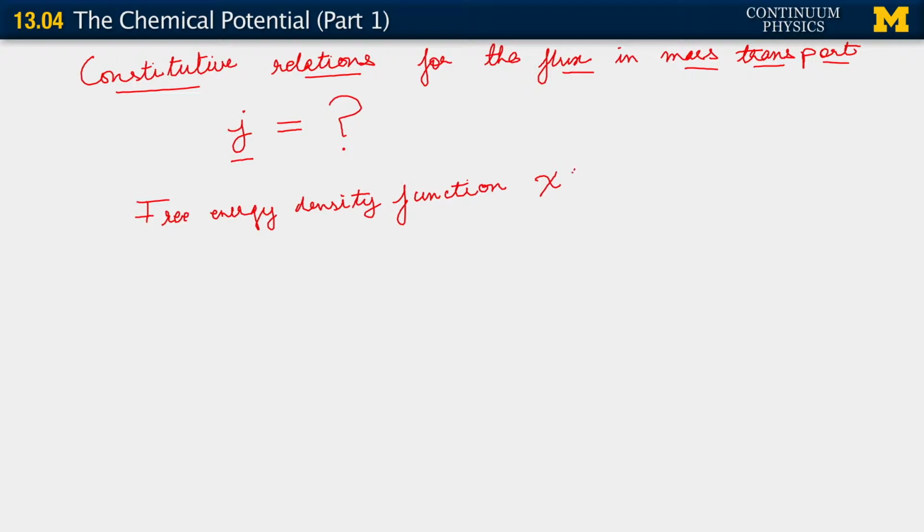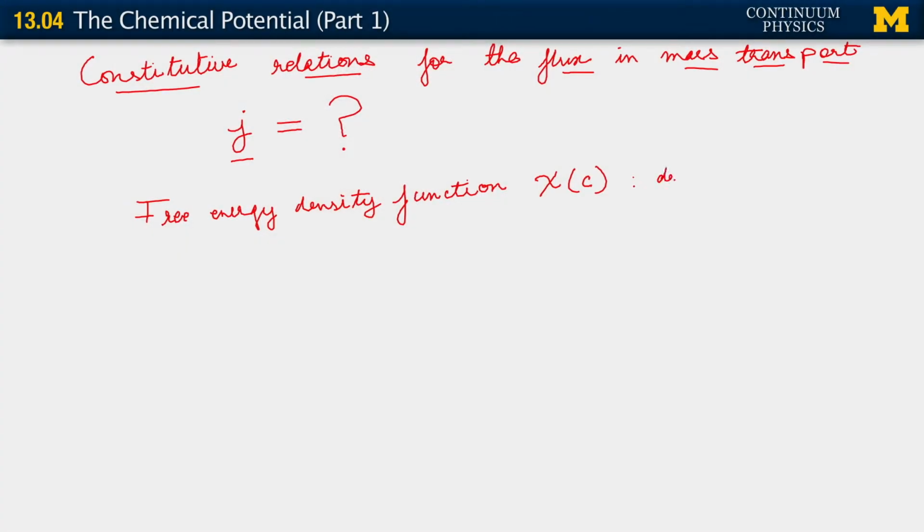So the free energy depends upon the concentration. You may think that we're looking at a purely chemical system here, and therefore everything is defined by the concentration. When we write chi, we're talking about the free energy density function, defined per unit volume.